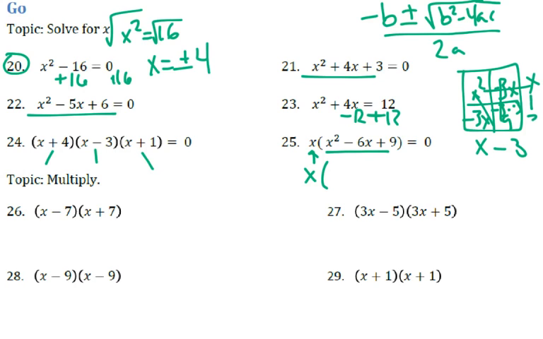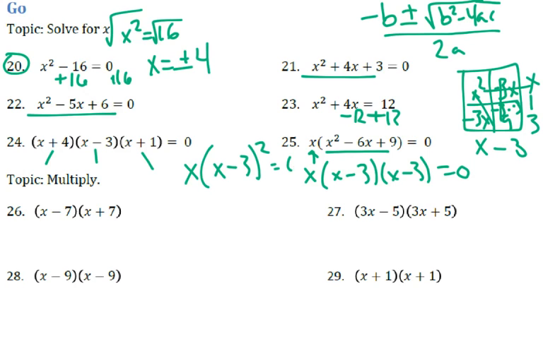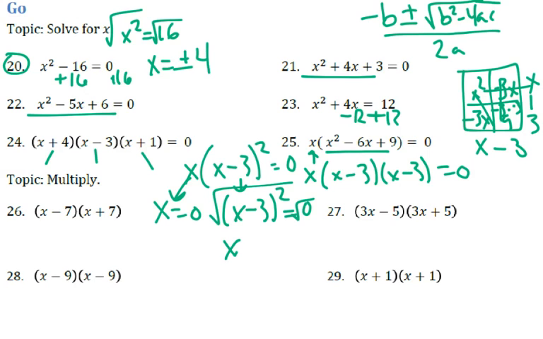Pull out a negative 3. So you get x minus 3 times x minus 3. Or, you should realize that that's x times x minus 3 squared. And solve it. So x equals 0, because you split that one up. And you get x minus 3 squared equals 0. Take the square root of both sides. Square root of 0 is 0. Add 3. We get x equals 3.